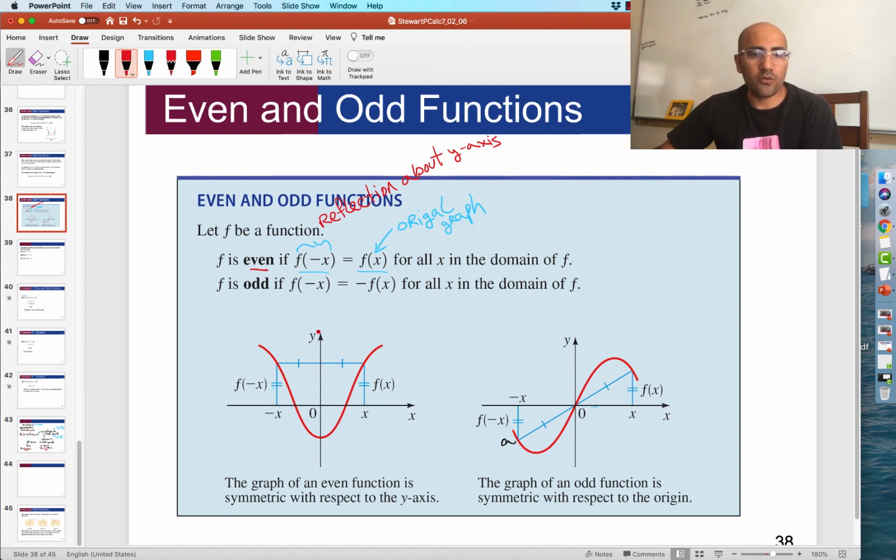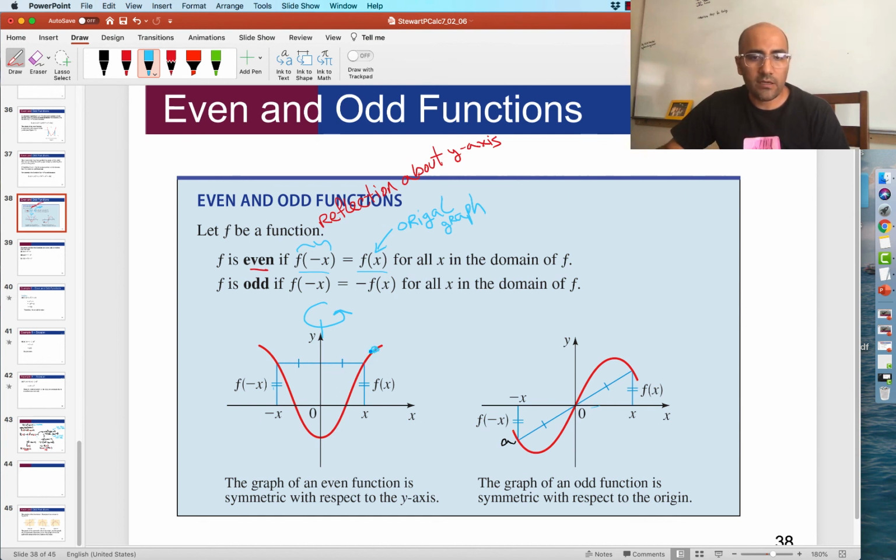It means that when you do a mirror image reflection across the y-axis, both of those graphs are equal to each other. You can't tell that anything has happened. So notice that if we look at this classic example of an even function, if I rotate it about here, I rotate it this way, right? I do a reflection about the y-axis, you wouldn't notice that anything has happened, right?